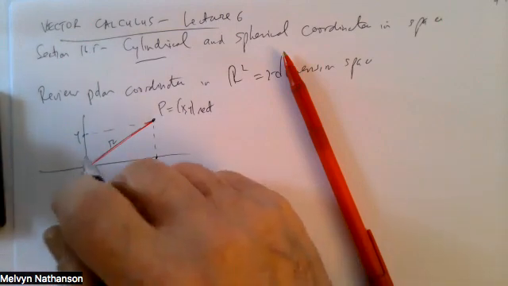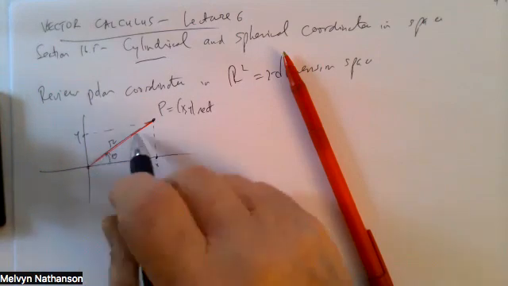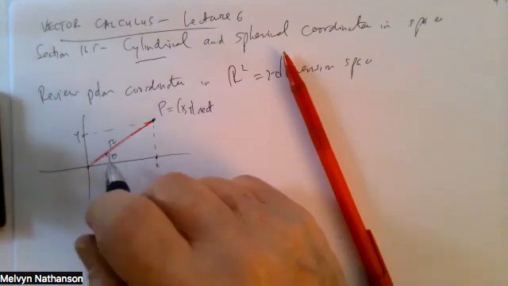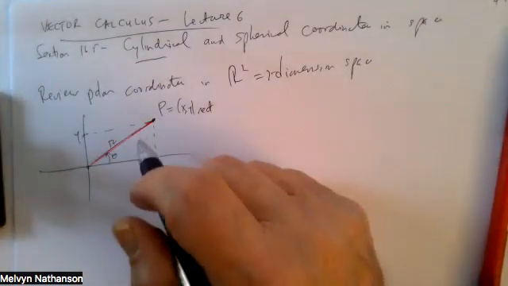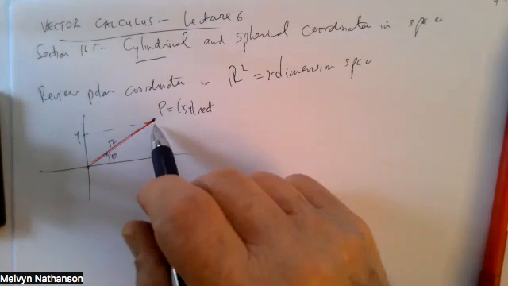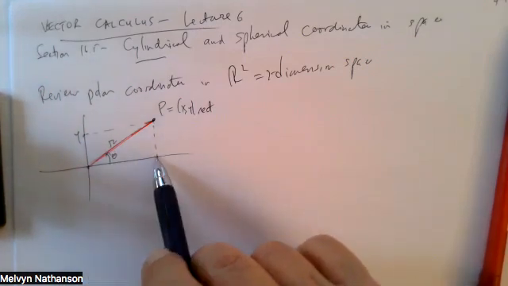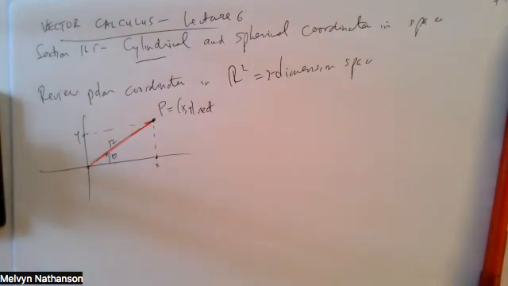And you take the angle that the radius vector, this vector r, makes with the positive x-axis, and you call that theta. So you can specify the location of the point just as well with r and theta as with x and y. So how do you use r and theta to locate a point?